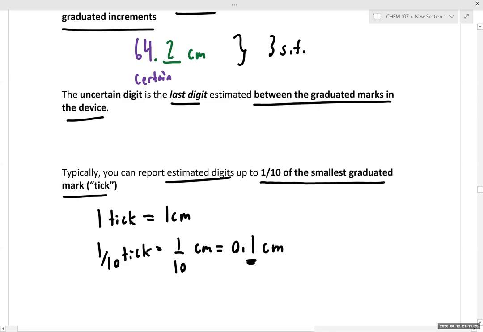So we can report up to the 10th place, and as we notice, we reported our estimated digit up to the 10th place. Does this make sense to everyone? Any questions so far?